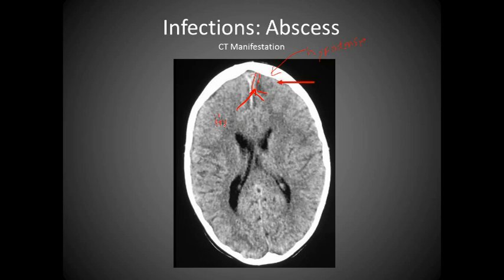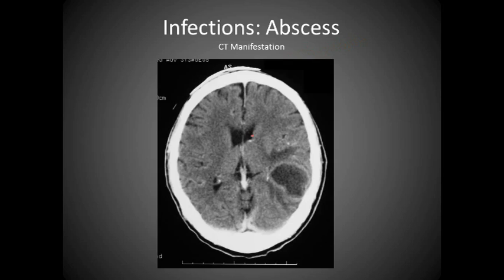So we do see that we have a hyperdense ring. Here's a better example of an abscess. As we can see, we have associated edema here due to this mass swelling. So this is edema. We have the hypodense area on the inside, but notice we have a ring going around the area. So we have a hyperdense ring.